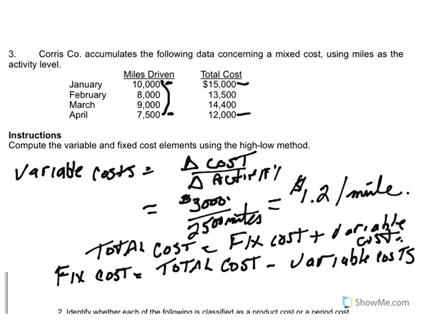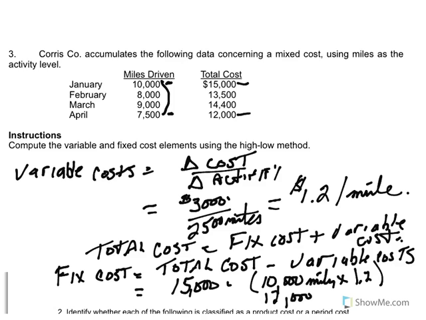So if I take the high, the total cost is $15,000, and the variable cost would be 10,000 miles times $1.20 per mile, which is equal to $12,000. Therefore, the fixed cost is $3,000.